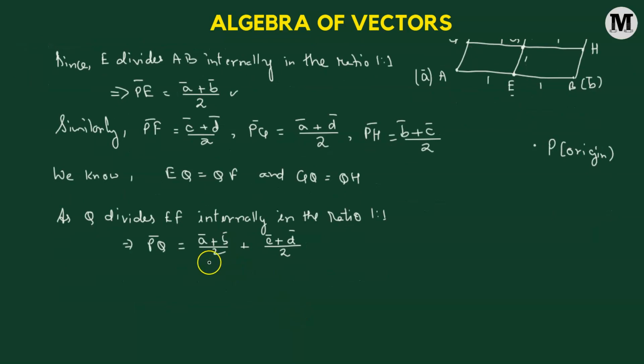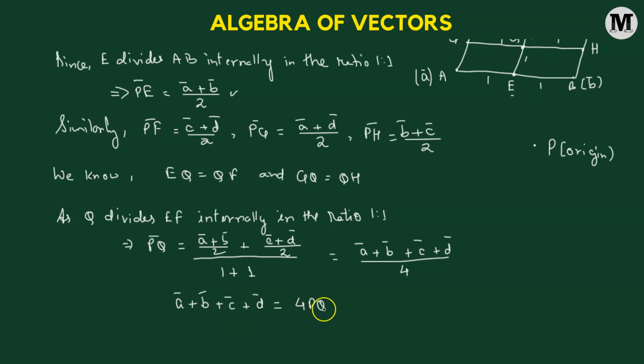Fine. And we're going to divide this entire vector by 1 plus 1. That means we now have A vector plus B vector plus C vector plus D vector whole divided by 4. So now if we cross multiply, then we get A vector plus B vector plus C vector plus D vector equals 4 times PQ vector.